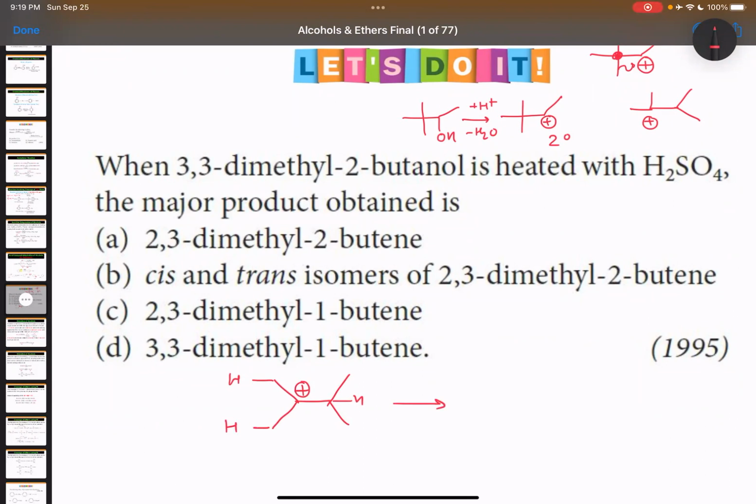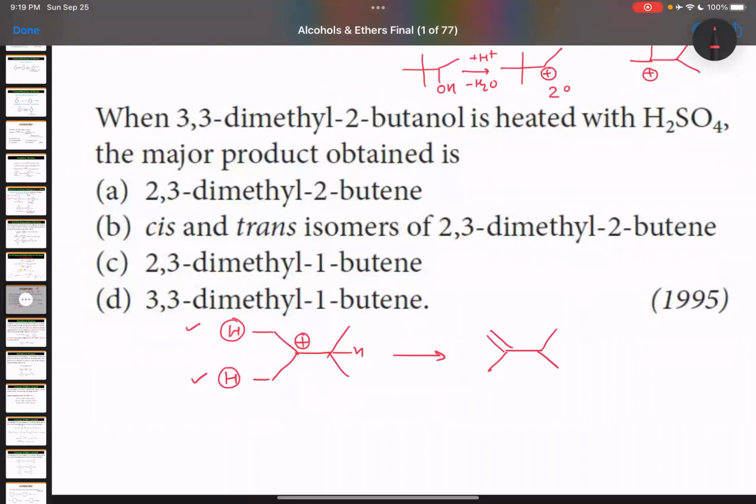Actually, this one on the left and this one are the same, so I will take only any one of them. This one and this one, right? Is it clear? Yes, sir.